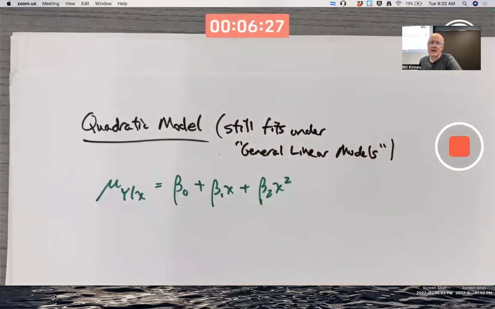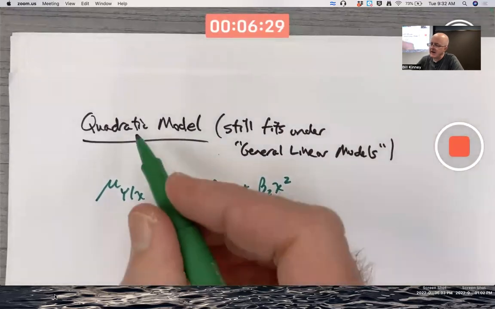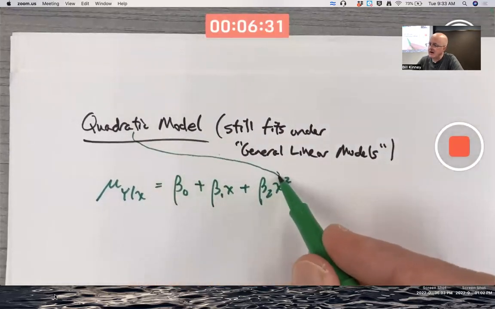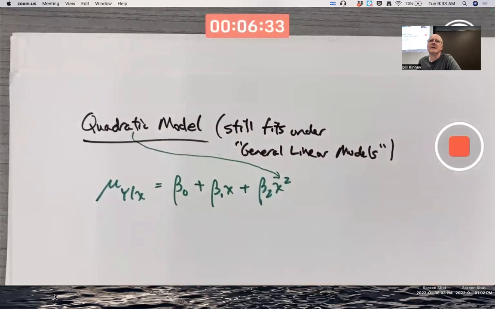So this is a quadratic model, the quadratic referring effectively to the fact that we've got x squared. The fact that it's a general linear model, it still fits under that, I'm going to hint right now, is related to the fact that it's still linear in the parameters, the betas.